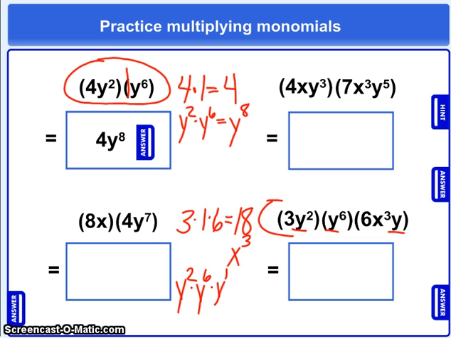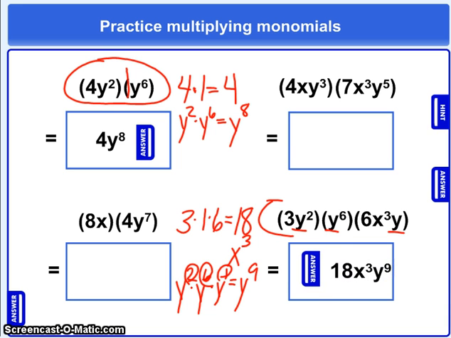So now adding my exponents, I keep the same base, y, and I have a 2 plus 6 plus 1. Adding all those together will give me a y to the 9th. So taking all three components, putting them together as an answer, we get 18, x to the third, y to the 9th.